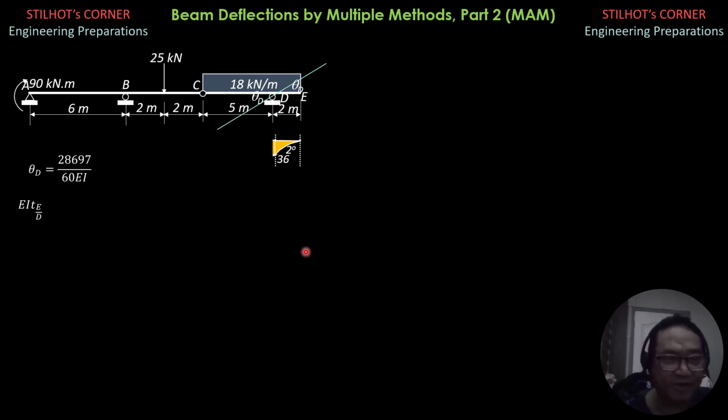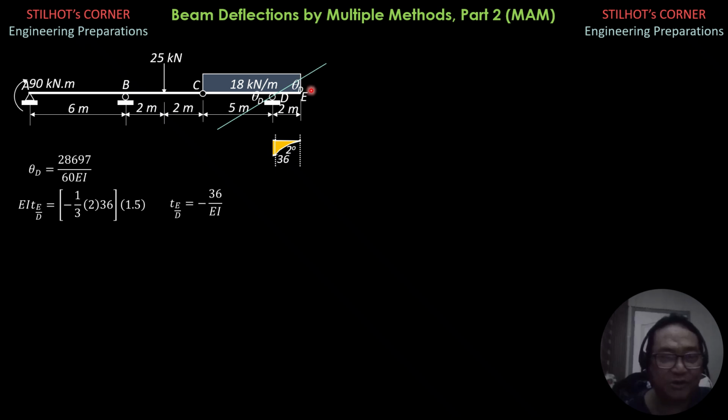So the EI deviation of E relative to the tangent at D is negative 1/3 times 2 times 36. The moment arm with respect to E is 3/4 of 2, or 1.5, because this is 2 over 4.5. So 1.5 from E. And it is equal to negative 36 over EI. Negative means the final position of E is below the reference tangent at D.